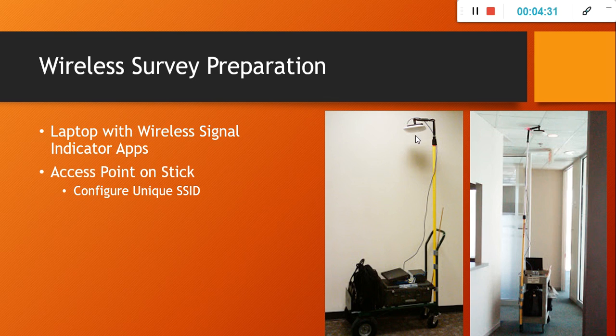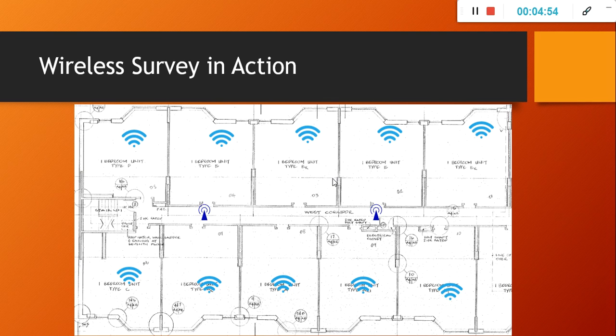Then you also need to do some basic configuration of the access point. I usually set a unique SSID so that later on I can identify which SSID I use on this specific access point.